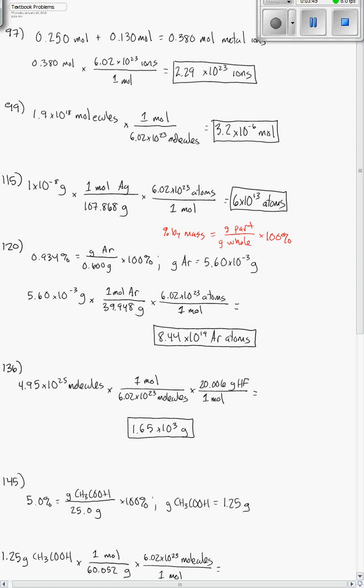In the case of what we're doing here, the part is argon, and the whole is air. We're given a mass of air, there's 0.6 grams. We're given a percent by mass, so we can use that to get our grams of argon.